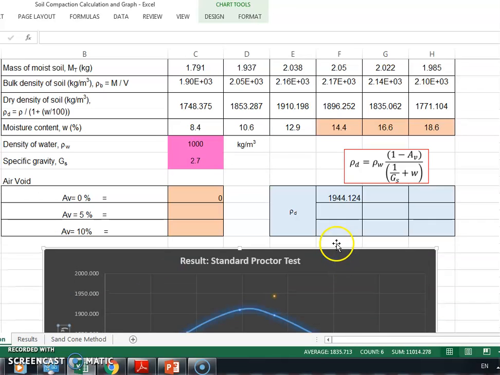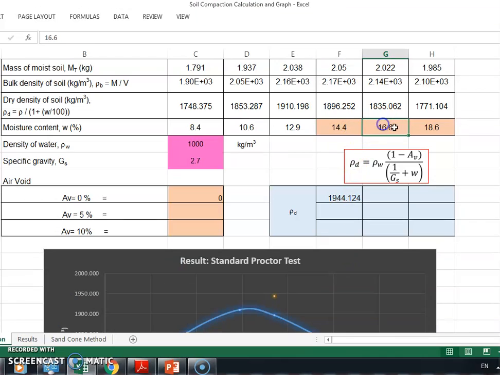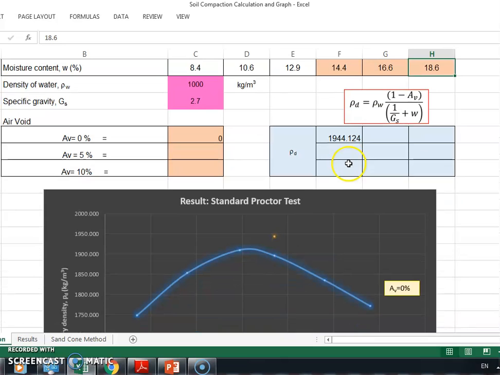So you can easily pick 14, 16.6 and 18.6 as your benchmark locations. You want to put a zero air curve here. The zero air curve is usually at the top of the compaction curve. So we have an air void equal to 0, and when we divide by 100, it's still 0.